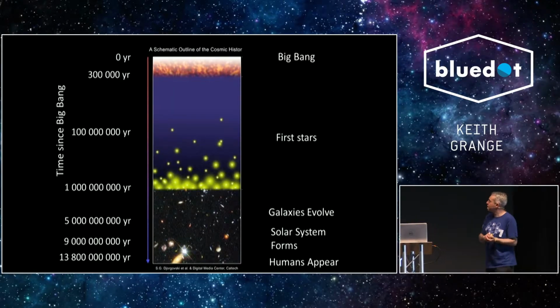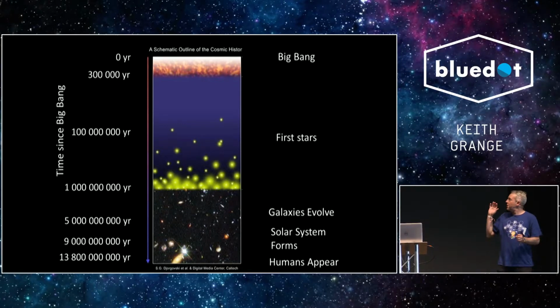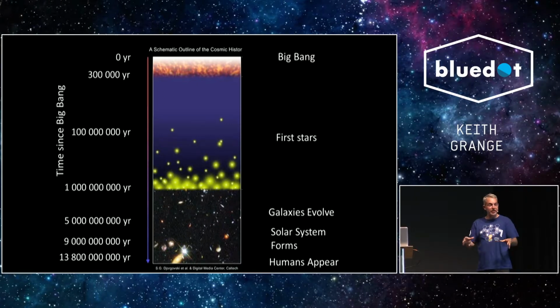So just to set the context for all of this, start with a quick history of the universe. The universe, we believe, is about 13.8 billion years old now. And the universe was born in a very, very hot Big Bang.